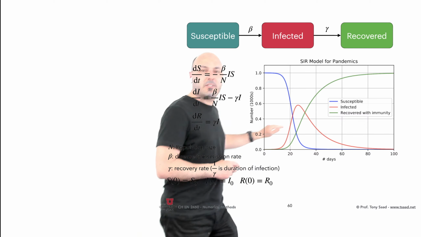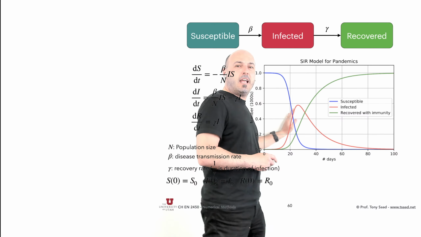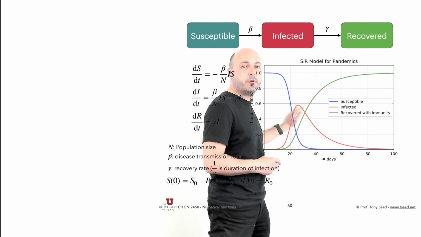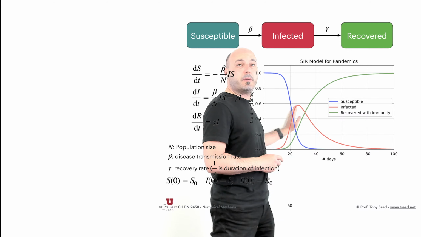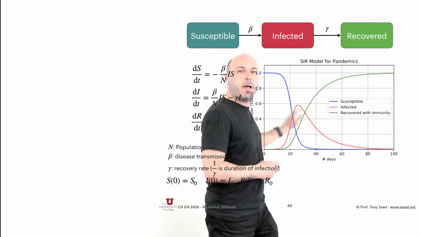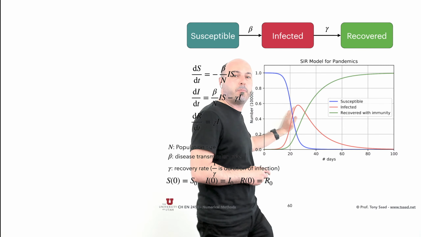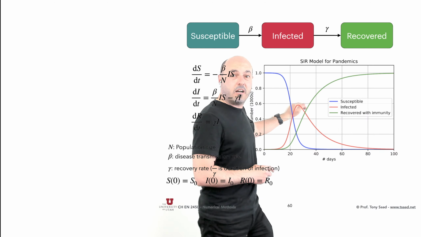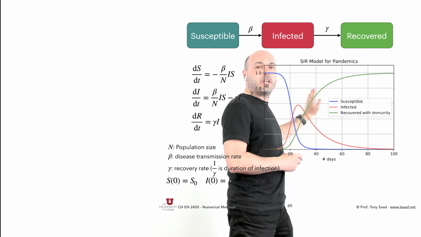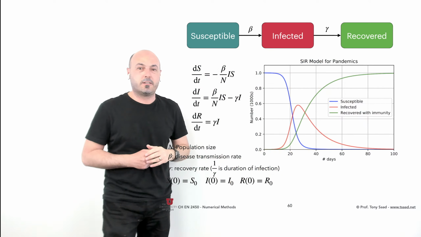And so you see how we peak with the red curve, and then as the red curve starts consuming more of the susceptible population, it doesn't consume it all in one shot, it takes time, then you have more people recovered and you see this balance, okay? So you see up to 60% in this model, up to 60% of the population at peak got infected and it started dwindling down, and they continue recovering until the entire population is fully recovered.